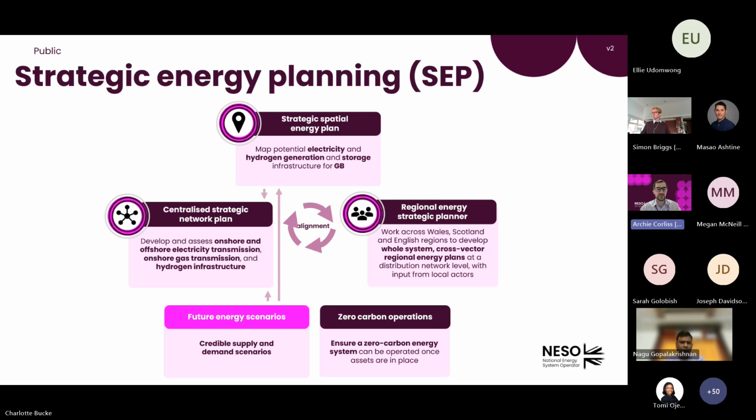Broadly, the SSEP has been commissioned by government for NESO to deliver, so that this is what's going to assess both the development of hydrogen and electricity production and where these supply sources are likely to emerge, and evaluate the capacity of regions and nations to host different energy infrastructure across GB. So it explores the need for growing GB's electricity network, but also how extensive a hydrogen network may need to be.